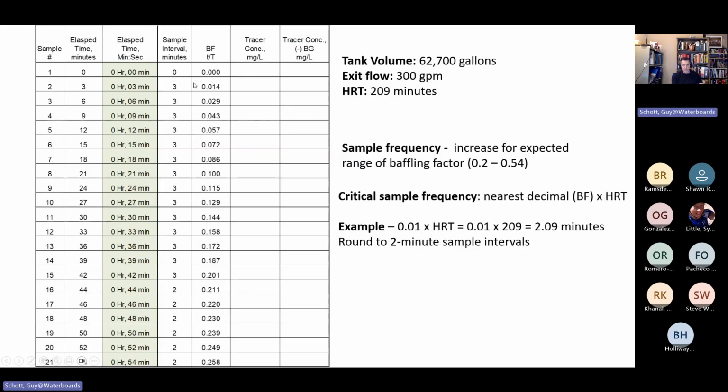And this is kind of the form I'm going to give you. It has elapsed time, bottle number, elapsed time in minutes and seconds, and then interval. And this is the calculated baffling factor for each time. So this is just a snapshot.